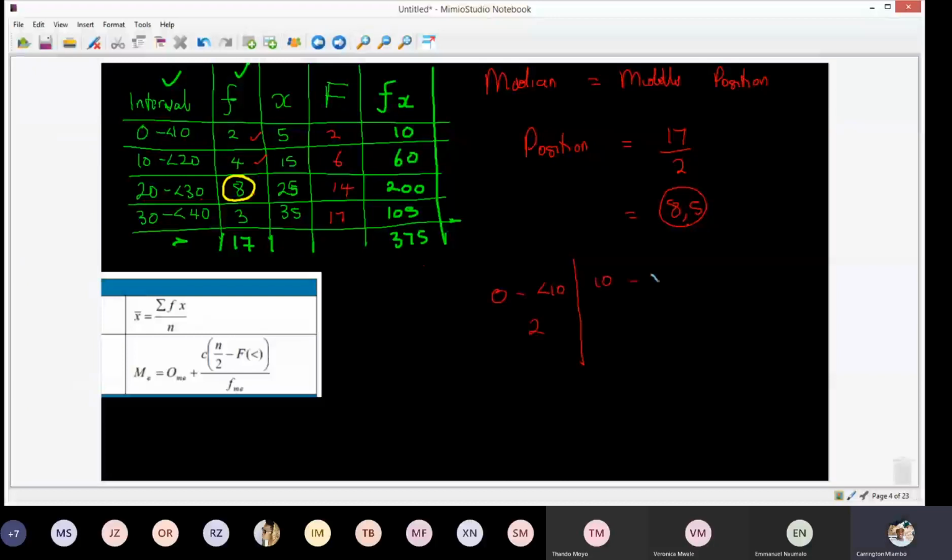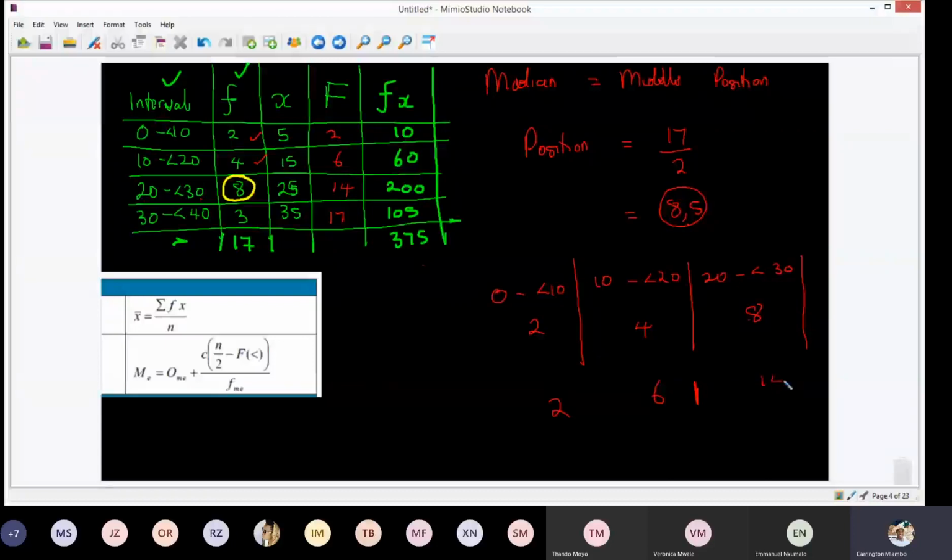Then 10 to 20, we have 4. Then 20 to 30, we have 8. So until here we only have 2, then plus 4, we are now at 6. We haven't reached 8.5. But from this point, if we say plus 8, now we are at 14.